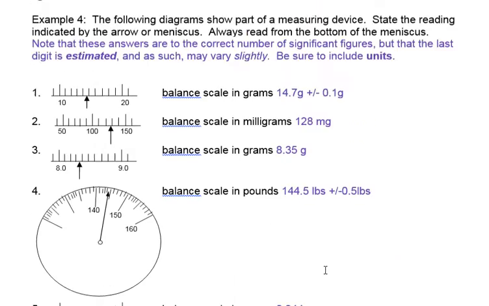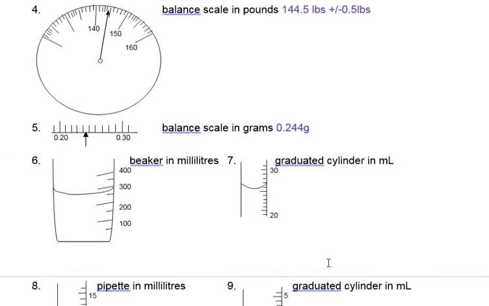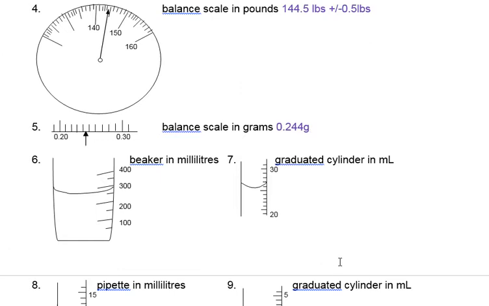So all of these ones, we were looking at balance scales, which measure mass. The next ones we're looking at are some devices that measure volume. So when we're measuring volume, we have something called the meniscus, and we have to be careful with that. So the meniscus is this curve, right?